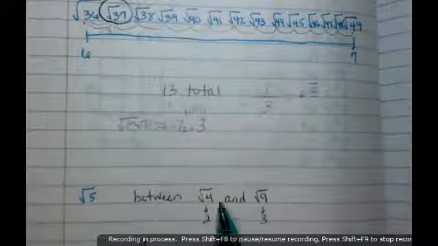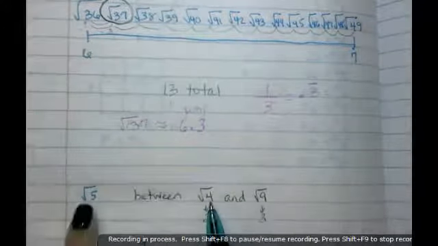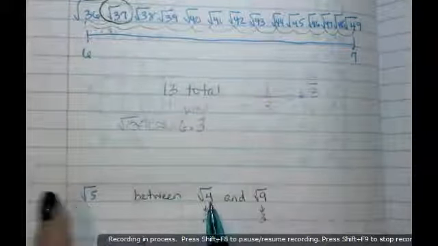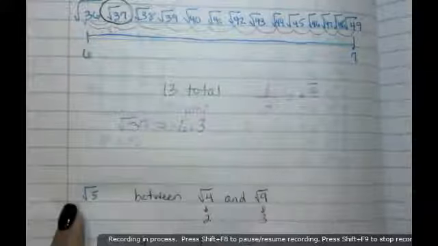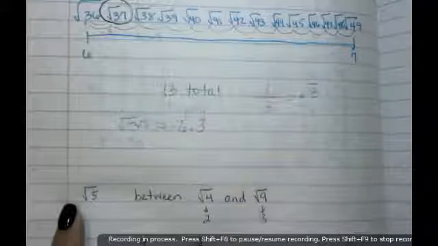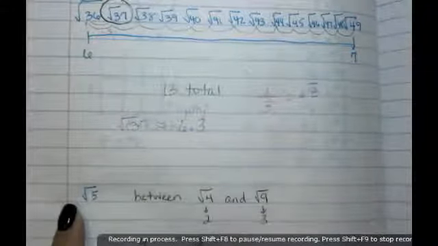If I'm going from the square root of 4 to the square root of 5, 5 minus 4 is 1.